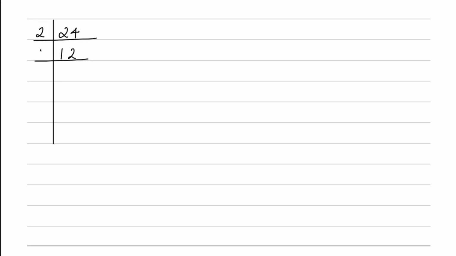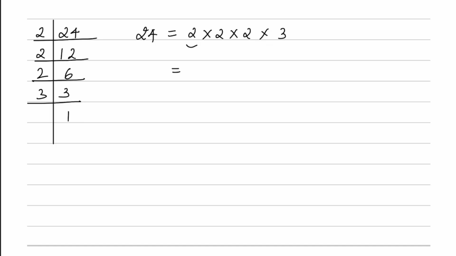Then I'll take 2 again, because 12 is an even number. 2 6s are 12, 2 3s are 6, and then 3 1s are 3. So the prime factorization of 24 is 2 into 2 into 2 into 3. Since 2 occurs 3 times, I can write this as 2 raised to 3 into 3 raised to 1, since 3 occurs only one time.